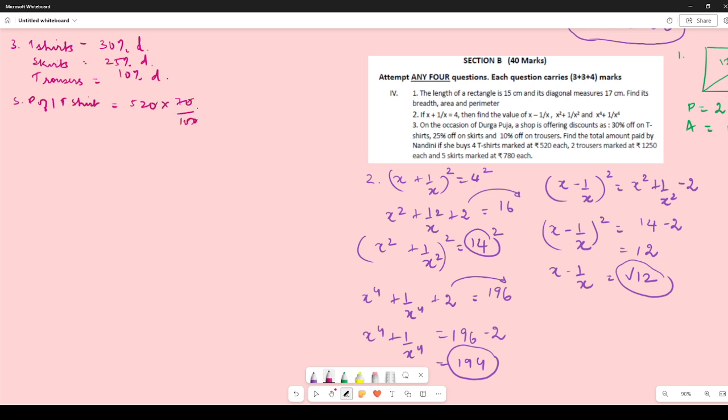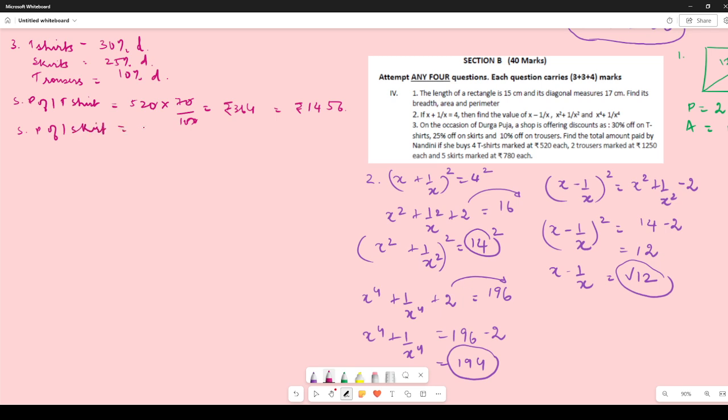So that makes it 52 into 7, 7 2s 14, 35, 364 for one t-shirt, right? So price of 4 t-shirts will be what? SP of 4 t-shirts will be this into 4, that makes it rupees 1456.